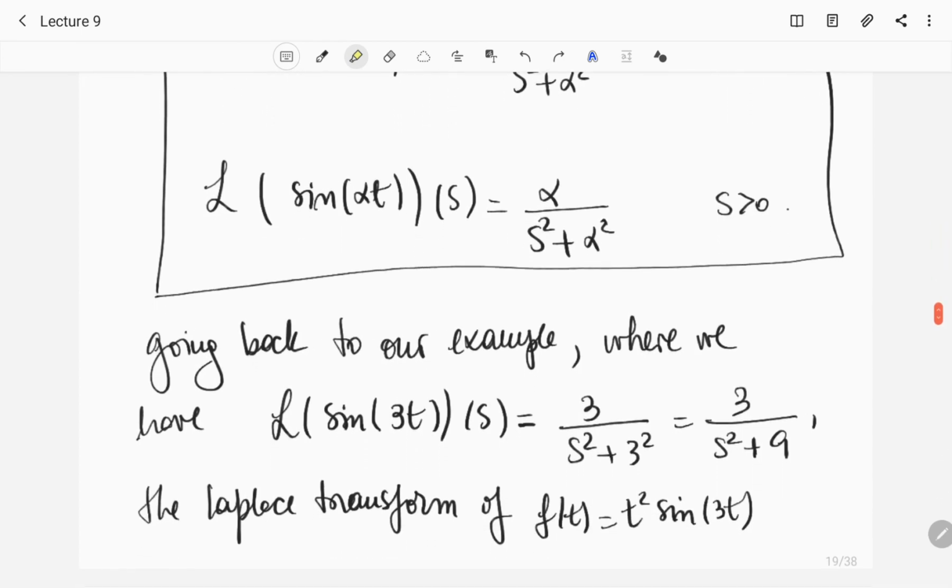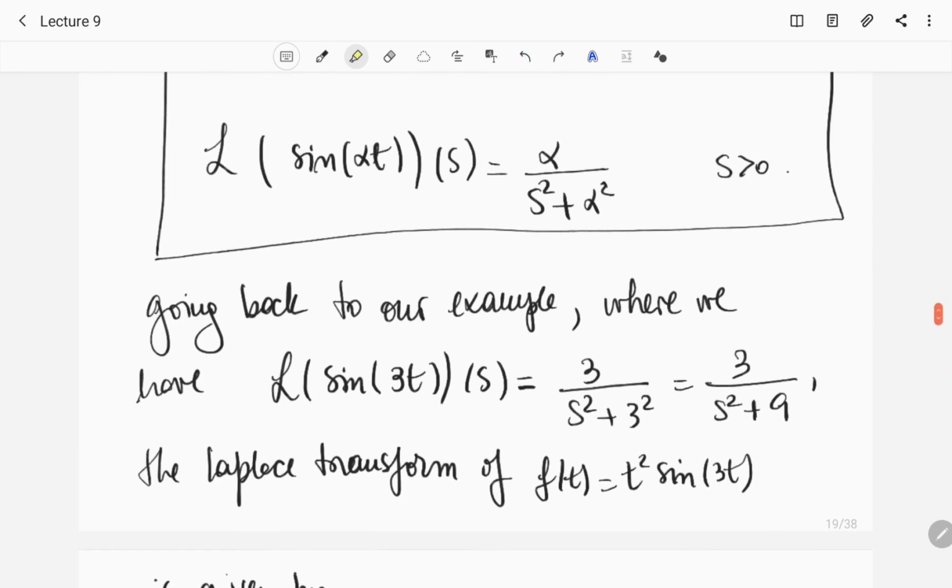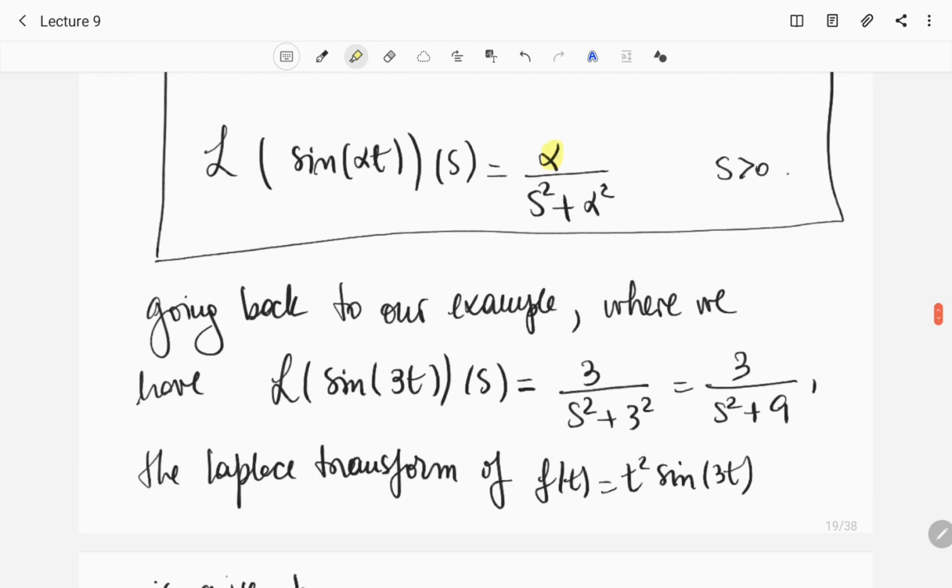So let's go back to our example. Now we know that the Laplace transform of sine of 3t at s is 3 over s squared plus 3 squared, which is this guy here.